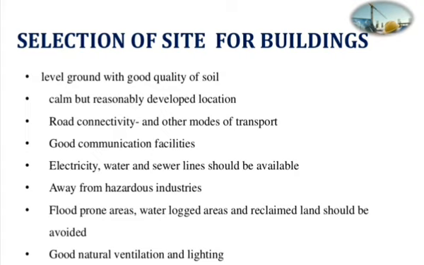Second is a calm but reasonably developed location. If you are going for a residential building, the site should be already developed or in a developing stage, so you may have some basic amenities like electricity, drainage system, LPG lines, and transportation facilities available over there.